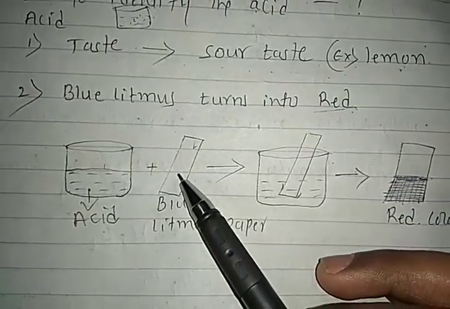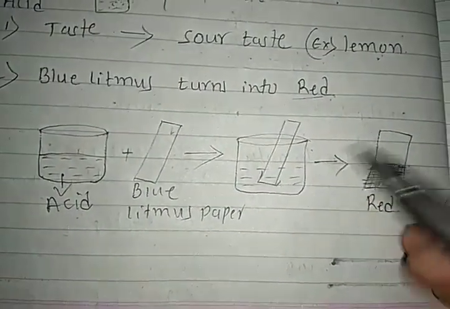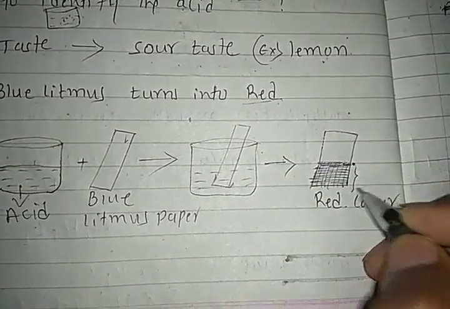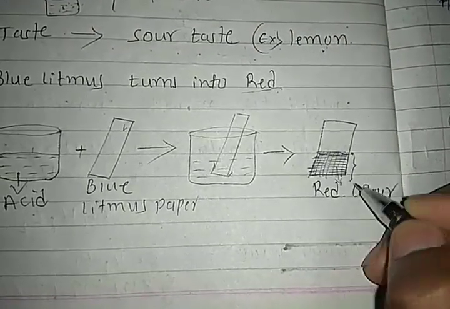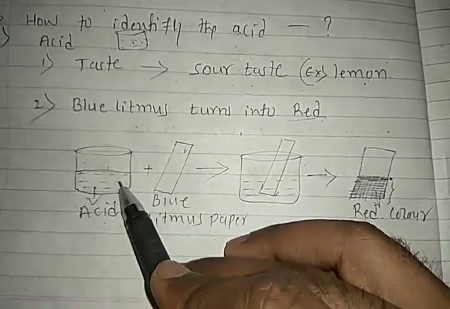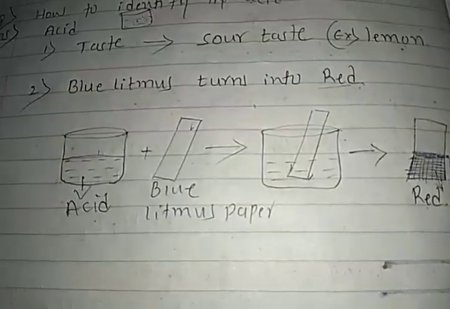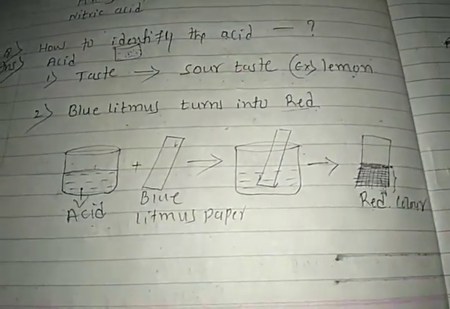The dipped portion turns red. So this is the red one, the dipped portion, students. Since the dipped portion turns red, this red color indicates this is an acid. So due to this red color, it is called an acid, right students?